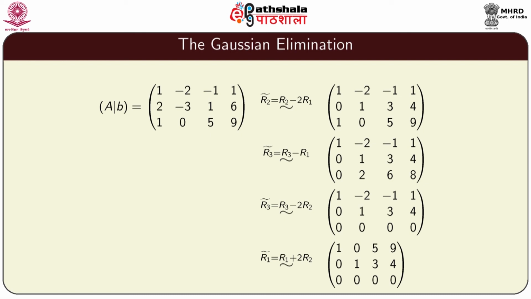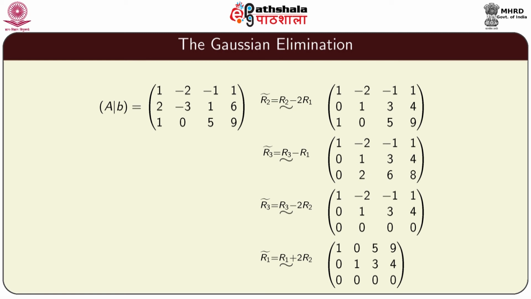And then in the third step, you can see that we are looking at the second column of the matrix, where there are other non-zero entries, and after the fourth step we have cleared it out. You can see that the second column has only 1 at the second position, and all other entries are 0. And you can see that the last row in the reduced form is the 0 row.